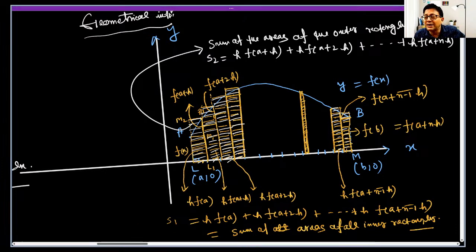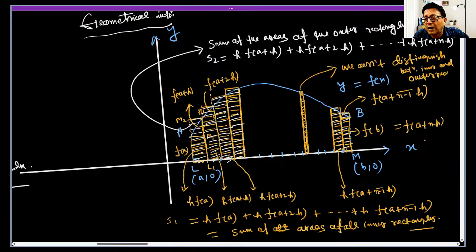We can distinguish inner and outer rectangles when n is finite. But in this case, we can't distinguish between inner and outer rectangles, isn't it? See, I have tried my level best to show you what is inner and what is outer, but I am not getting it.